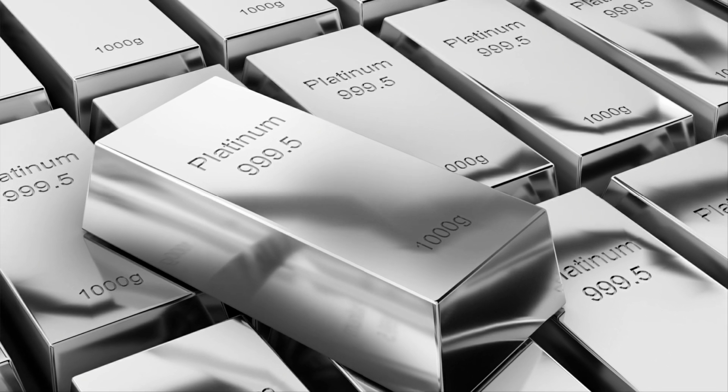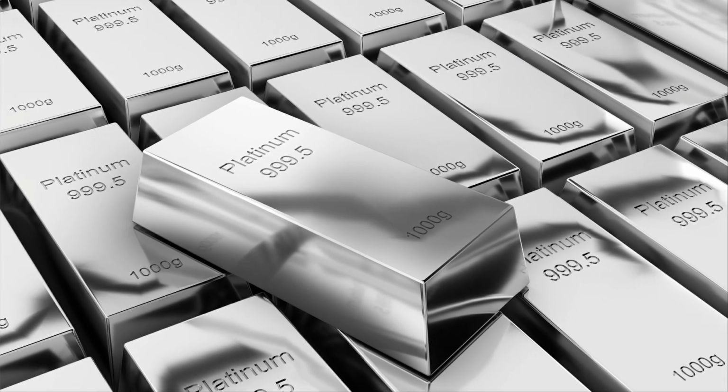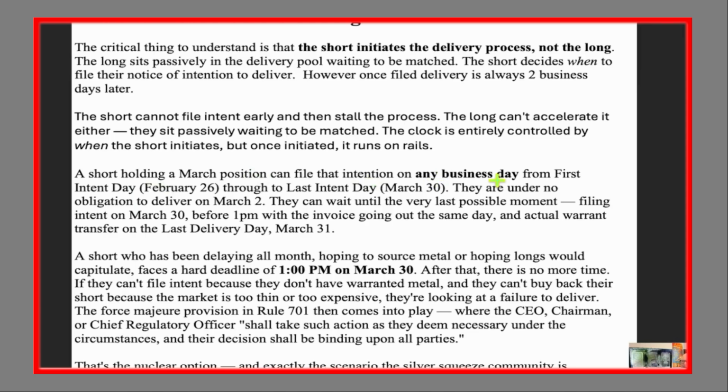Who's holding a March position can file their intention on any business day from the first intent day, 26th of February, right through to the last intent day, March the 30th. So if they file on the 26th, they have to deliver on March the 2nd, but if they file 2 weeks later, they're not delivering on March the 2nd, they're delivering 2 business days after the date that they filed.